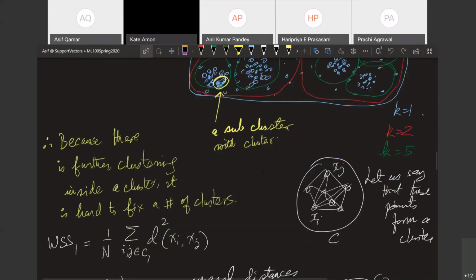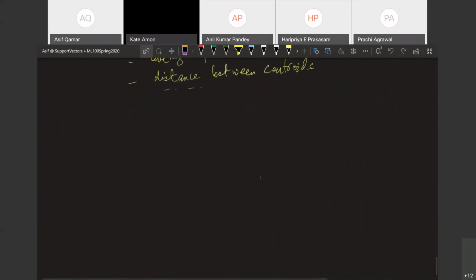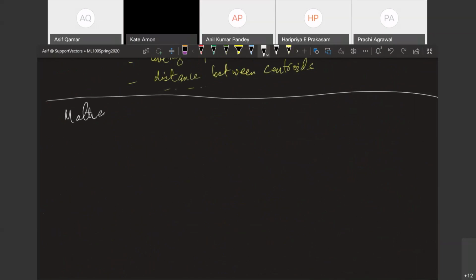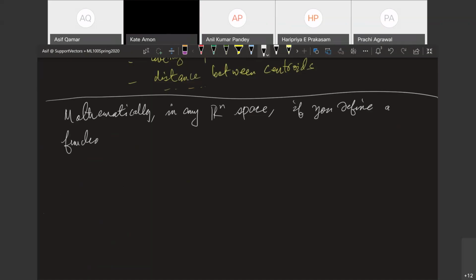Now, just to whet your recollection, what is the notion of distance? I think that may be worth reviewing. Technically or mathematically, in any feature space, any Rn space, if you define a function that follows these three criteria.